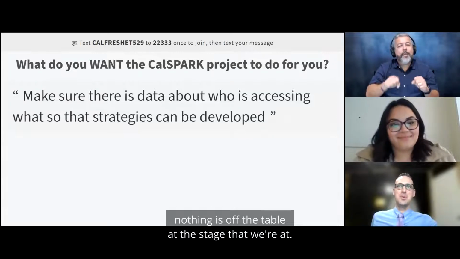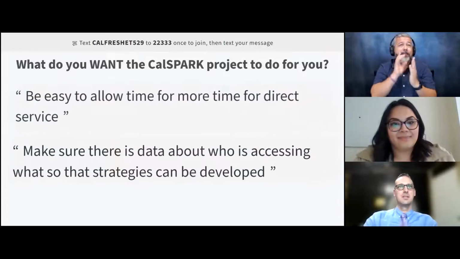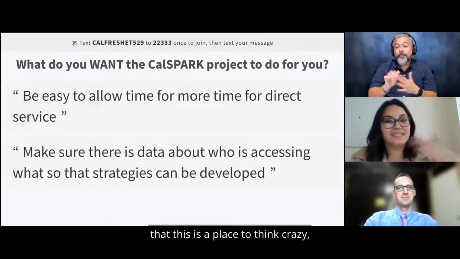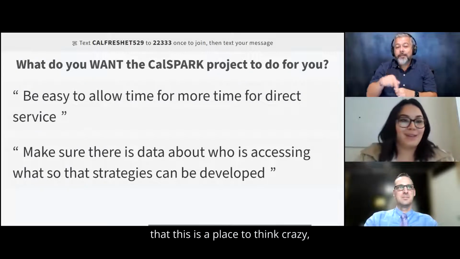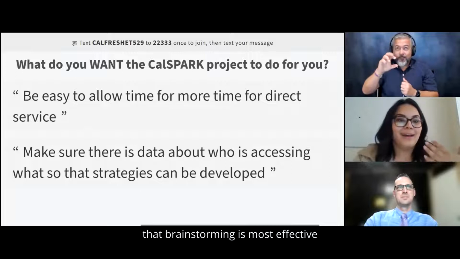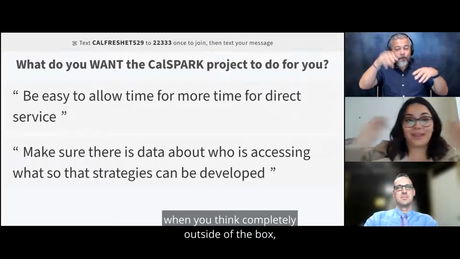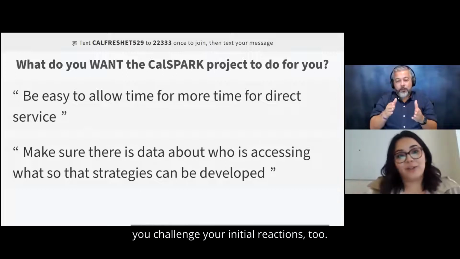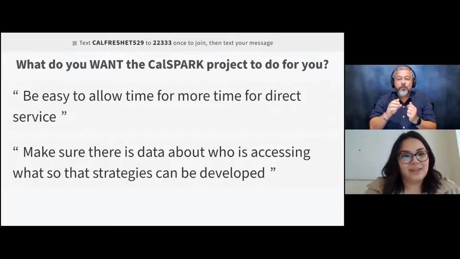Nothing is off the table at the stage that we're at. Thank you, Brandon. Very important to know that this is a place to think crazy. That brainstorming is most effective when you think completely outside of the box and you challenge your expectations, you challenge your initial reactions too.